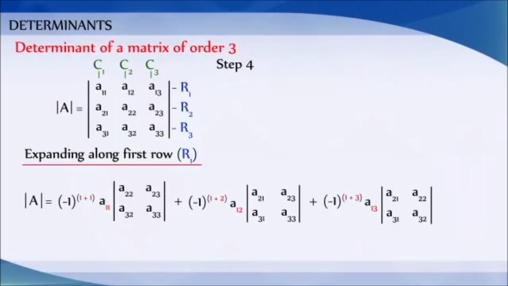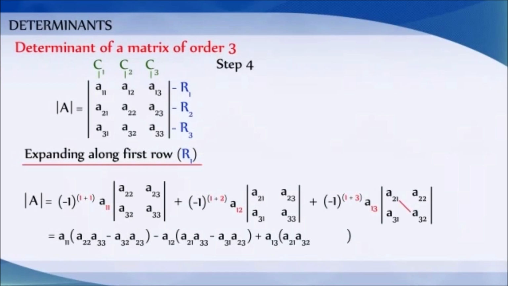That is, det A is equal to a11 into (a22 a33 minus a32 a23) minus a12 into (a21 a33 minus a31 a23) plus a13 into (a21 a32 minus a31 a22).